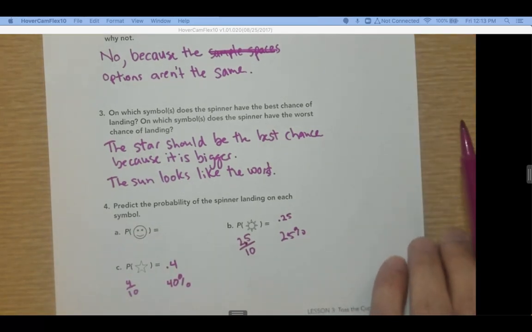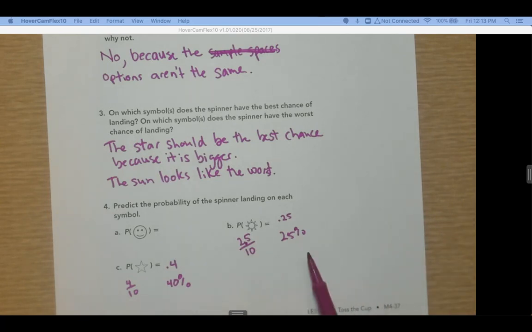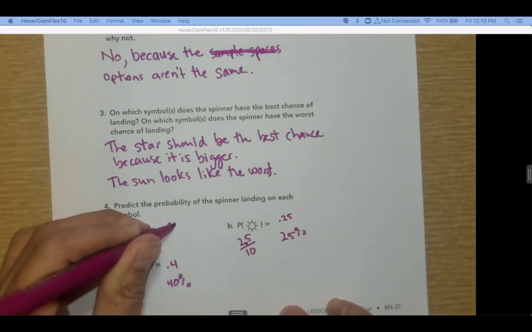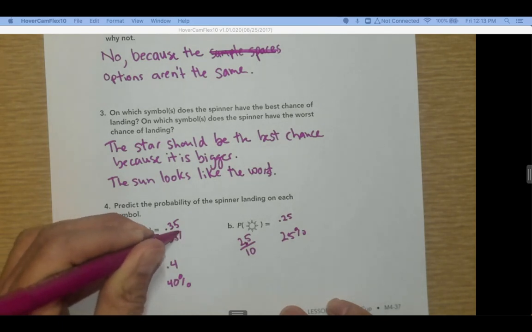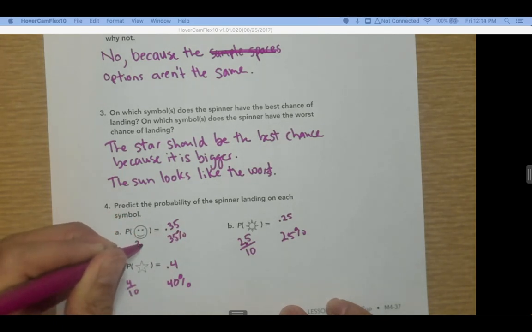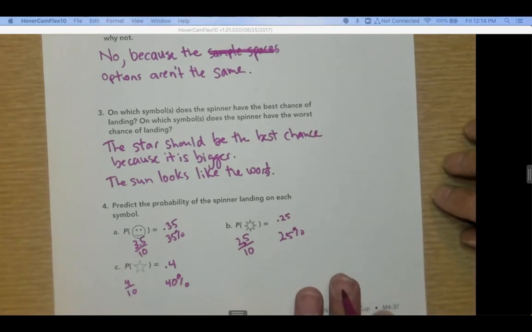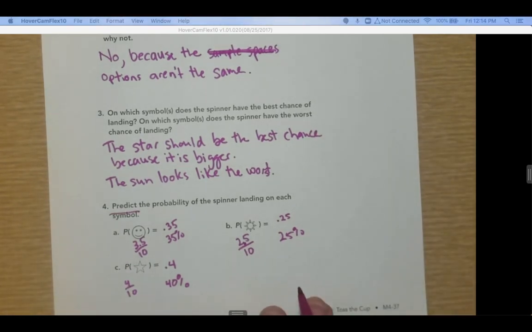I know that from the last section. So 40 and 25 is 65. So that leaves 35. So 0.35 or 35% or 3.5 out of 10. Okay. And so that is me just predicting the probabilities of this.